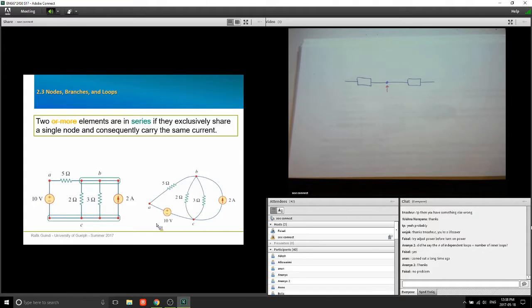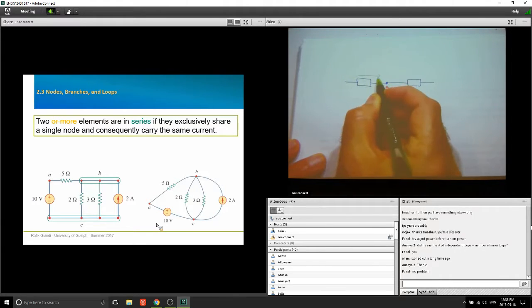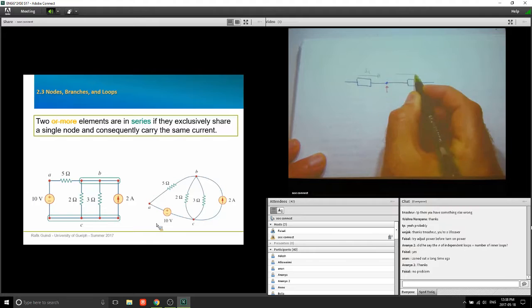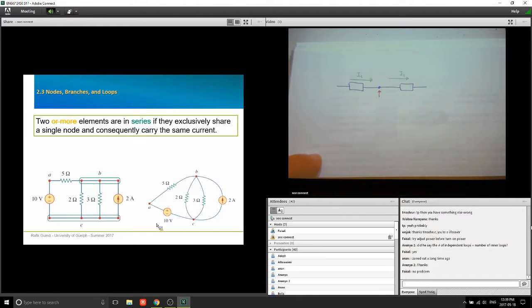Do they share it exclusively, meaning that there is no other element coming there? Yes, they share it exclusively. So do they carry the same current? Well, let's see. If you have a current flowing in this direction, I1, and a current flowing in this direction, would it be the same current? Yes, it would. Remember, current is a flow of charges. If it flows through this element, it has nowhere to go.